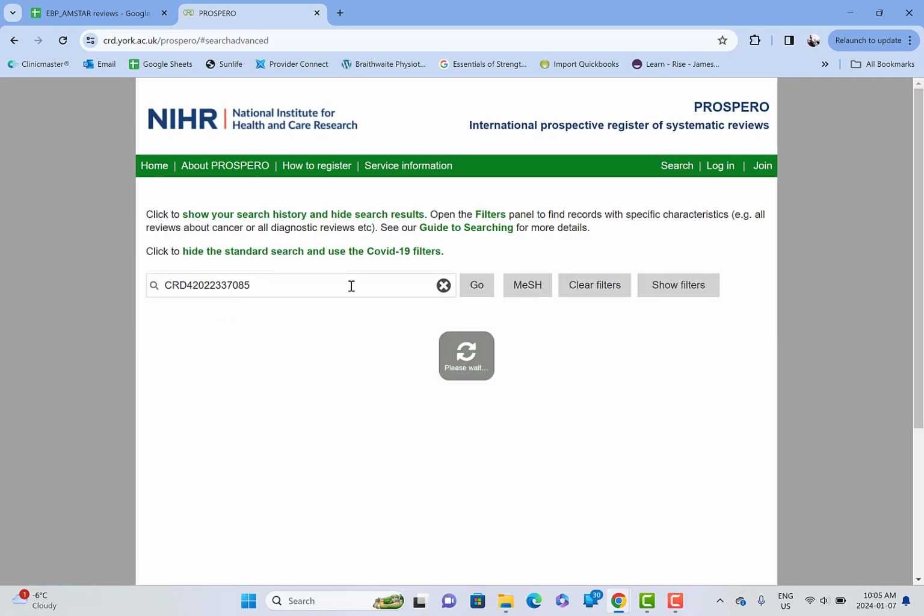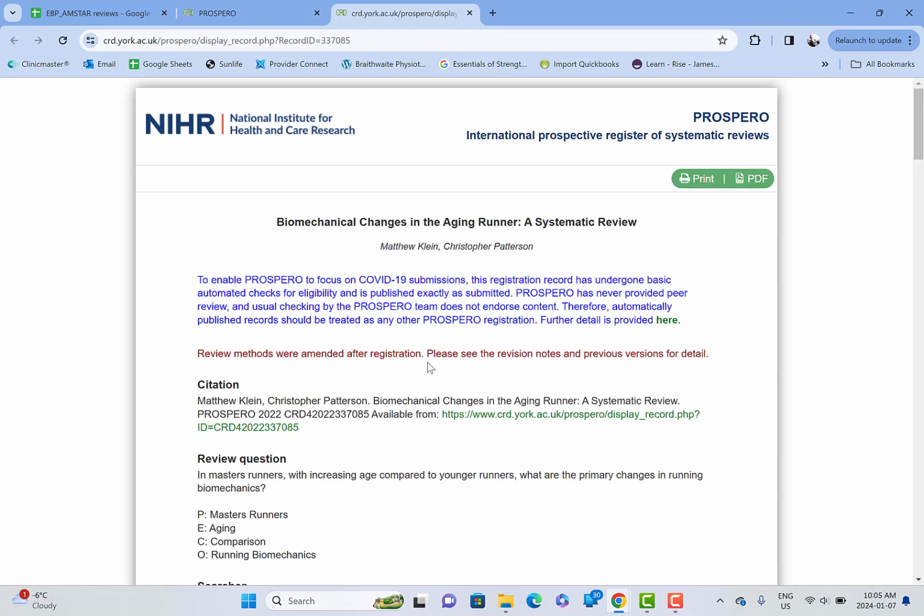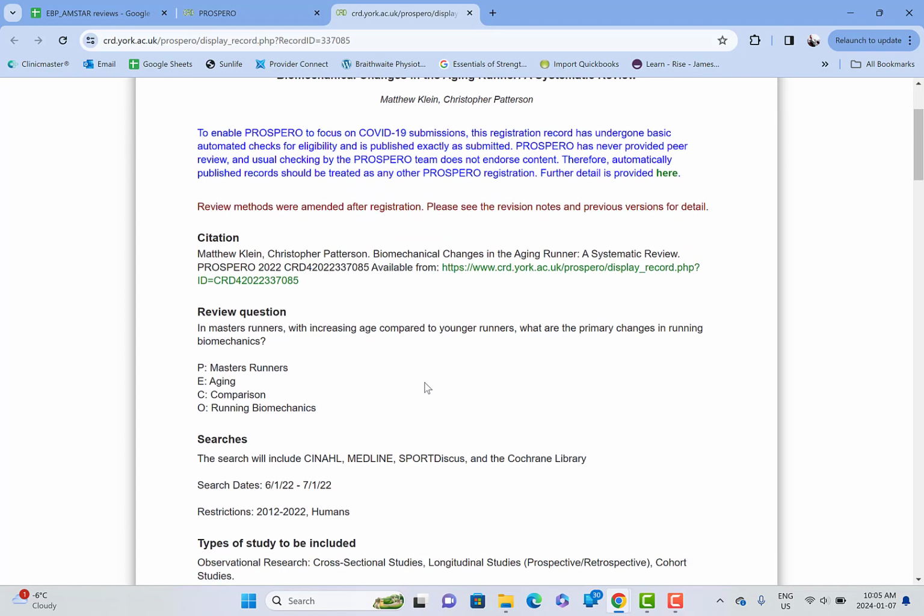And here you can see their Prospero entry where they detail the bits and pieces of what they're planning on doing before they actually go ahead and conduct the study. On the AMSTAR tool, they're asking if we want to answer partial yes to this question, we need to see that they had elements in the protocol registry for review questions, for the search strategy that they were going to conduct.